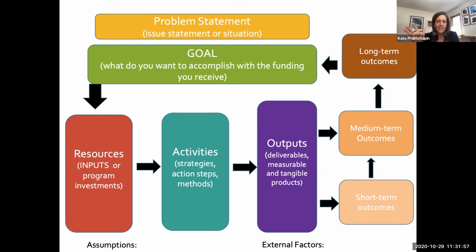Those resources then lead to activities. What are the specific actions that make up your program or intervention? In the program I was just sharing about, it was peer support programs, and there was also a training model for peer supports.